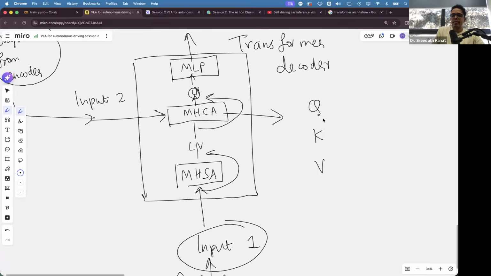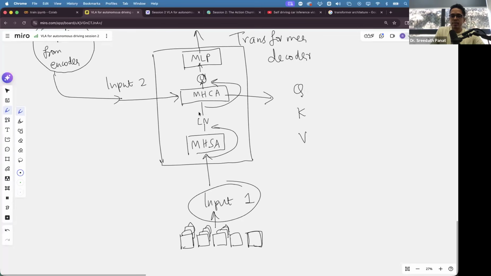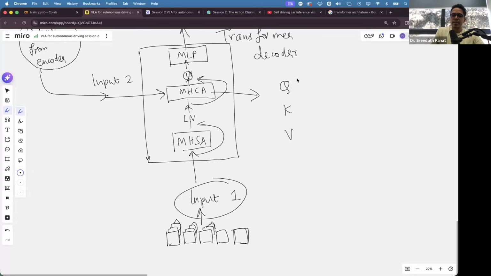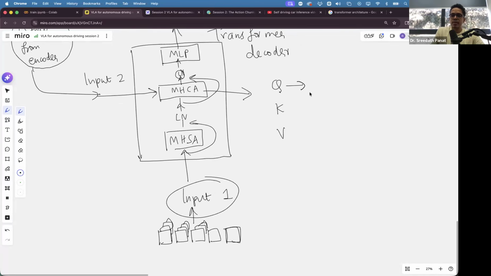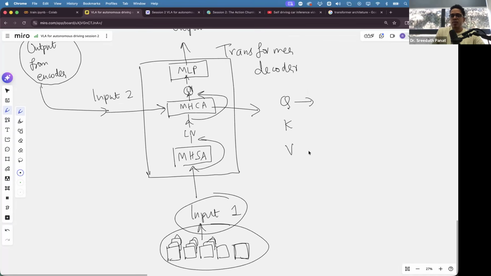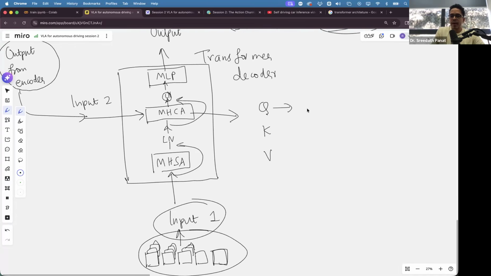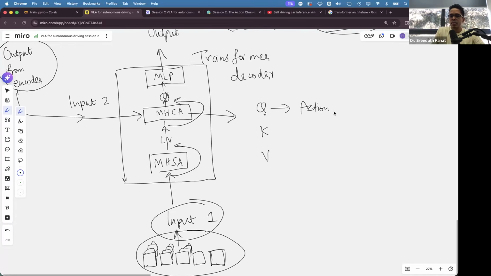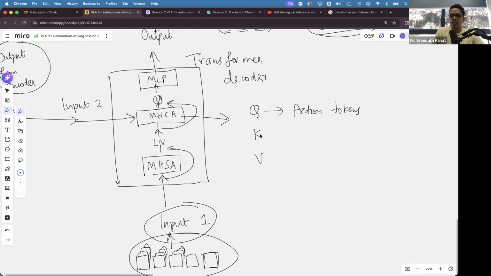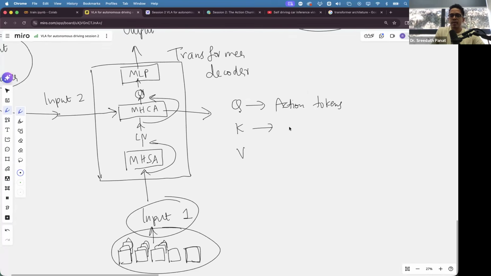Which means the query will be a projection of whatever comes out of here into query space. So Q will ultimately originate from these action tokens. Key and value will originate from the encoder output, the encoder context vector output, CV for context vector.